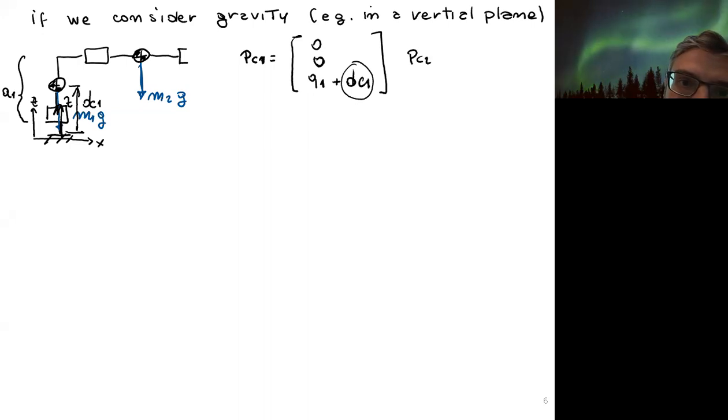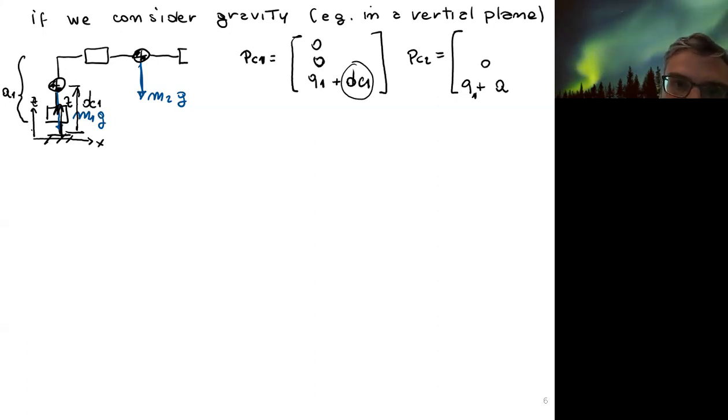For PC2, it's the same thing. We have the position of this point with respect to the link 1 frame, which is fixed. So on the z direction, we have q1 plus this fixed position.